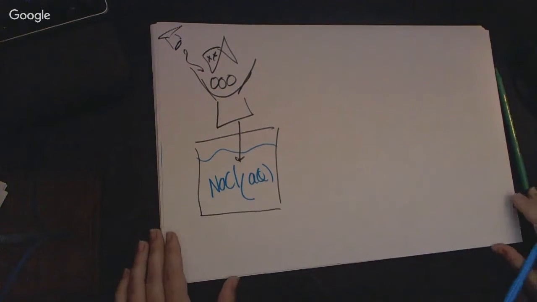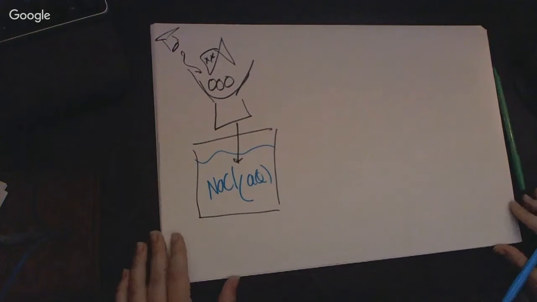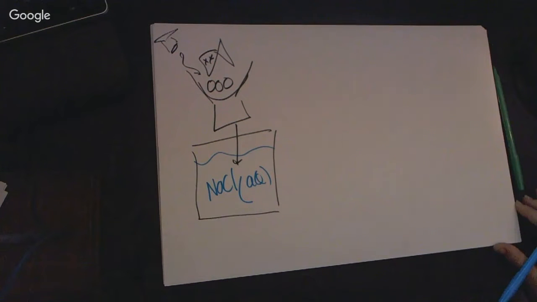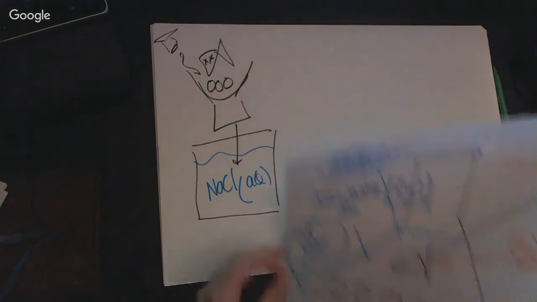Now, okay, see, I can't say your name, Ashish. Someone just said, so aqueous can be homogeneous or heterogeneous. No, aqueous is always homogeneous. I'm going to put this picture back up right now.